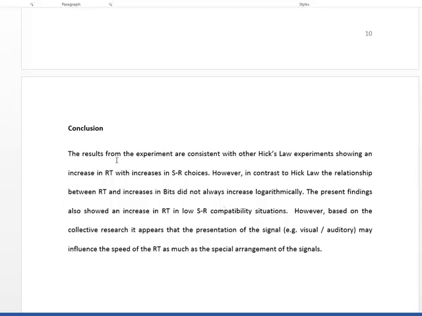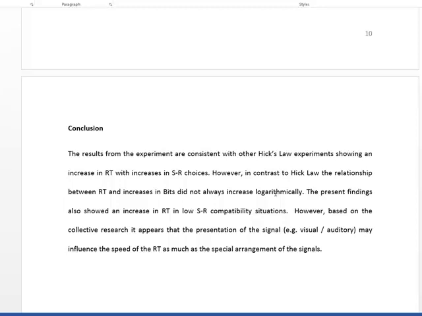So here I've got: the results from the experiment are consistent with other Hick's law experiments. Straight away, that's talking about other experiments. I'm starting my conclusion with reference to evidence, so it's in line with the other evidence for increase in reaction time. However, in contrast to Hick's law, the relationship between reaction time and increases in bits does not always increase logarithmically.